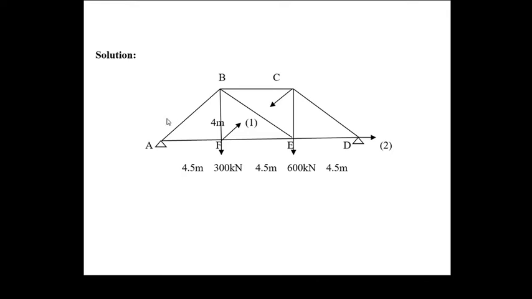Then the solution: we release the member CF, and also the force at D will be released. We have chosen the member CF and the force HD as redundant forces.